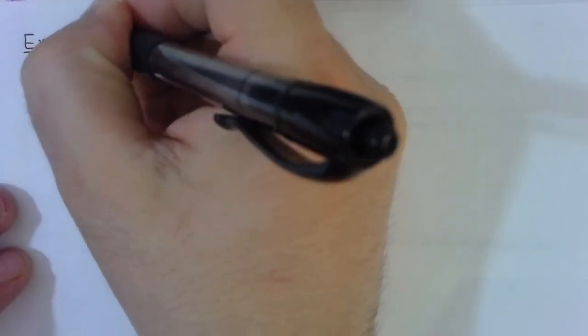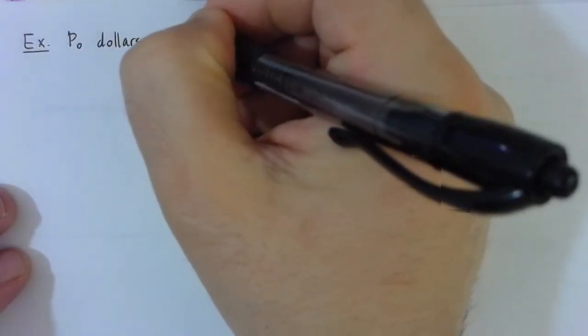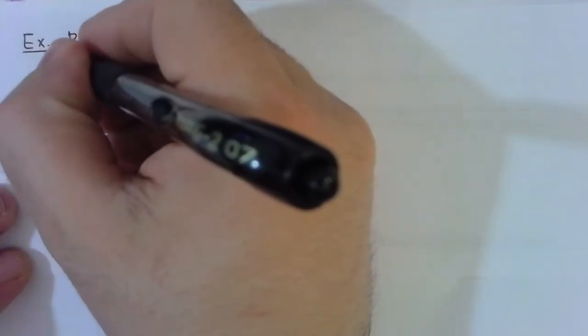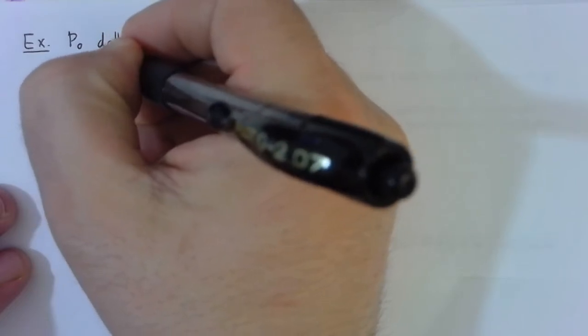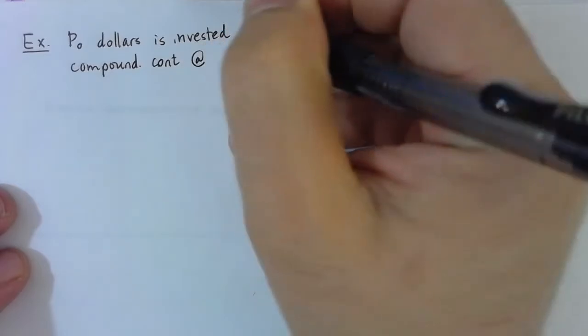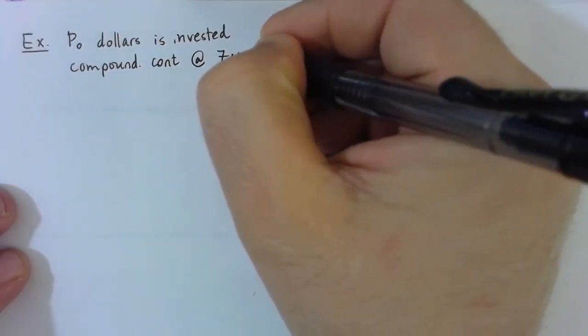So here's the first example. Assume that p0 dollars is invested in an account in which the interest is compounded continuously at the rate of 7%.